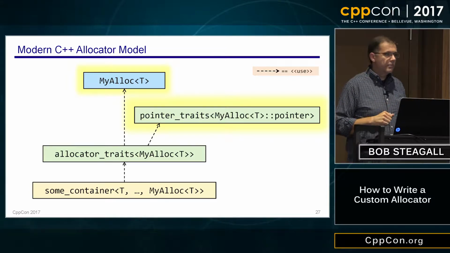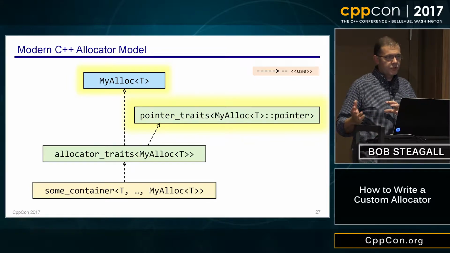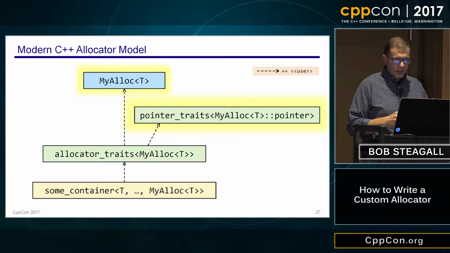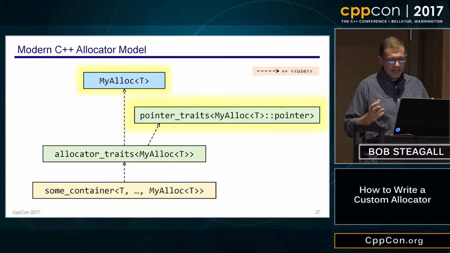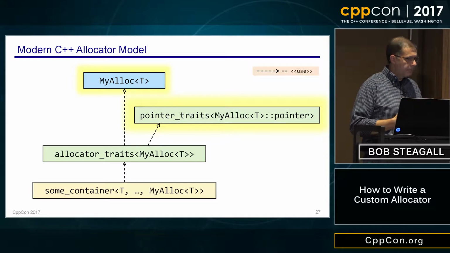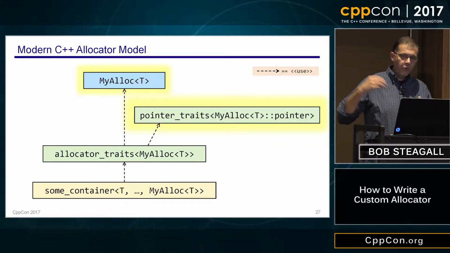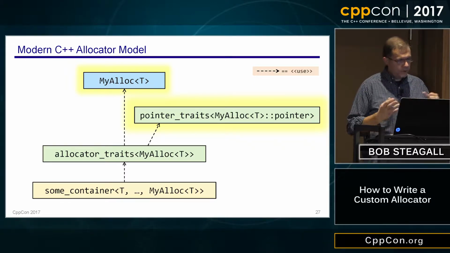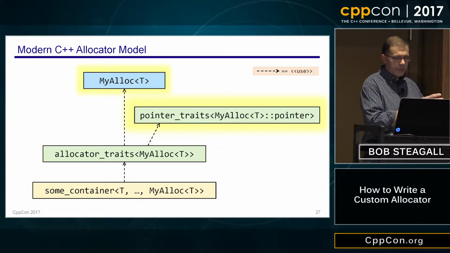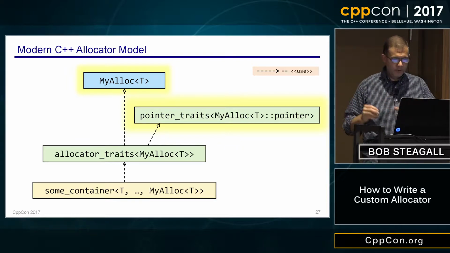And as I said earlier, the pointer traits template is used to transform information received from the allocator for the purposes of allocator traits. As you can guess, it's a way of transforming type information about pointers that's provided by the allocator to pointers that the container might need. For example, a pointer of T star to a pointer of list node of T star.